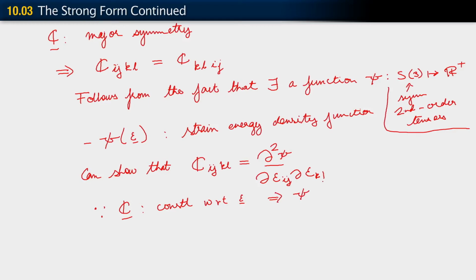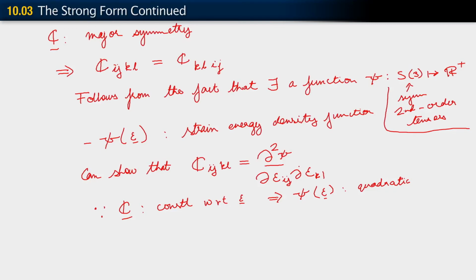In fact, psi has to have a certain form. Can you think of it? Psi of epsilon is quadratic. So this second derivative of psi with respect to epsilon can be taken, and in general it's non-zero.